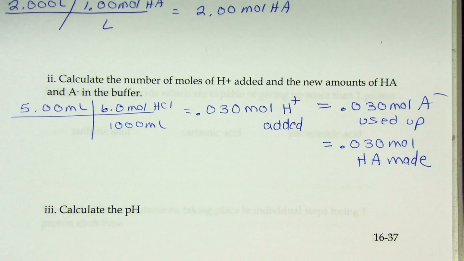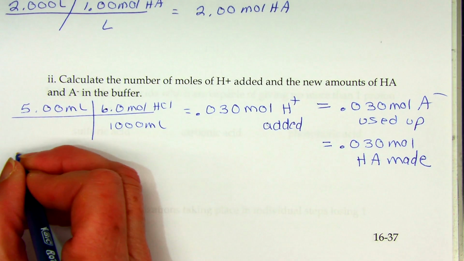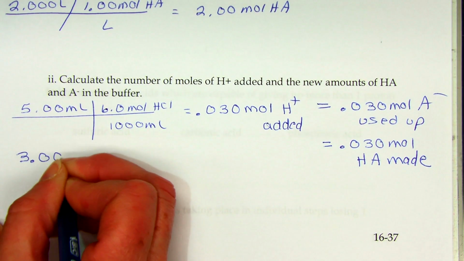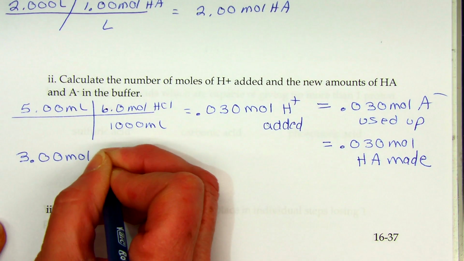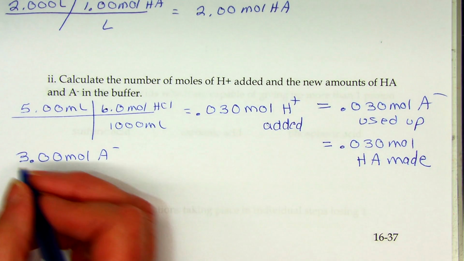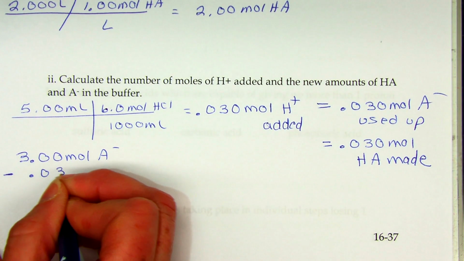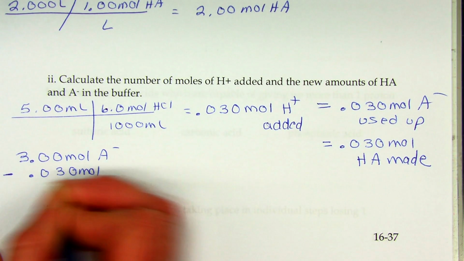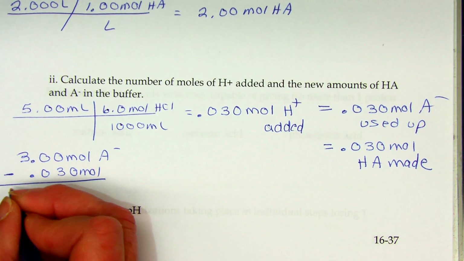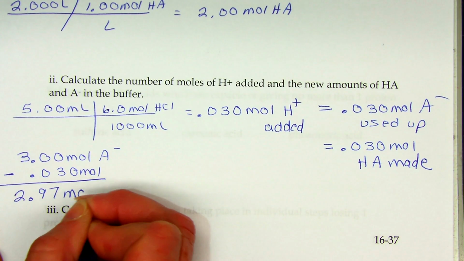Okay. So now, what's in my beaker? Well, I started off with 3 moles of A- in my beaker. But what did I do? I used up some of that. So I used up 0.030 moles. So what's left in my beaker now is 2.97 moles of A- left.